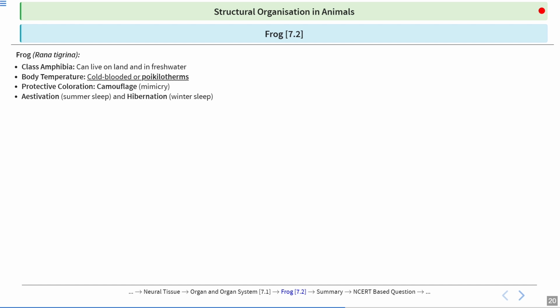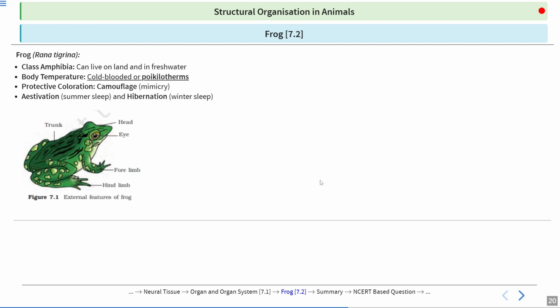In the rainy season, a lot of food material is available, but in summer and winter it is not suitable. Because they are cold-blooded, they cannot regulate temperature. Excessive heat is not tolerable for them, and very low temperature is also not tolerable. So at that time, they go to sleep, right?